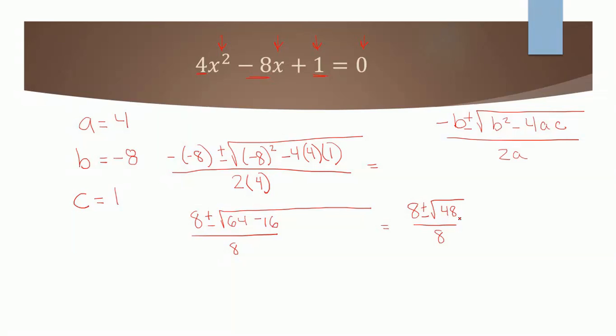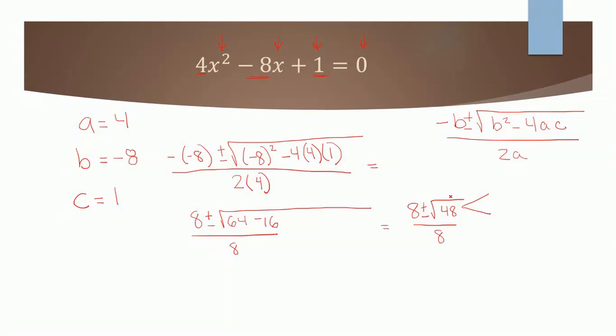Now, 48. That is a square root. Let's see, can I take a perfect square out of 48? I can take a 4. I'd be left with 12 though. I think another perfect square can come out of 12. So let's see, is there a bigger number I can take out of 48? 9 won't go in. 16 will though.